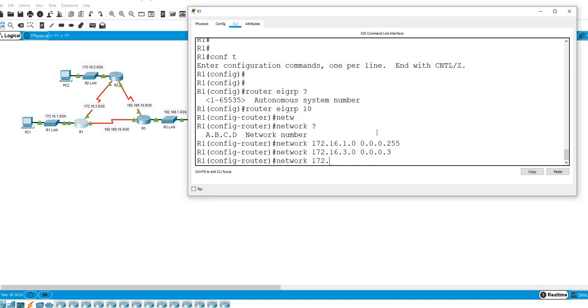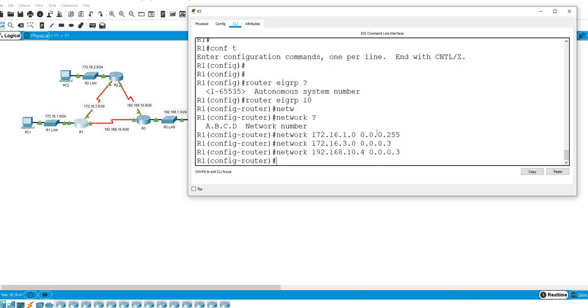So network 192.168.10.4, and it has a mask value of /30, so the wildcard mask will be 0.0.0.3. Enter. So this is how we configure EIGRP on our router.